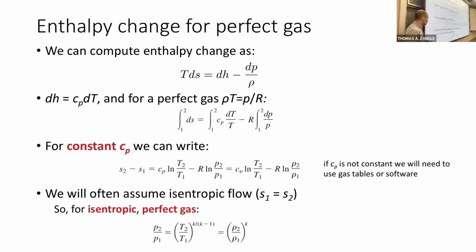So if we have a compressible flow moving isentropically from a region at some P1 to another region at some P2, if I know the temperature T1, I can then solve for the temperature T2 using this expression.